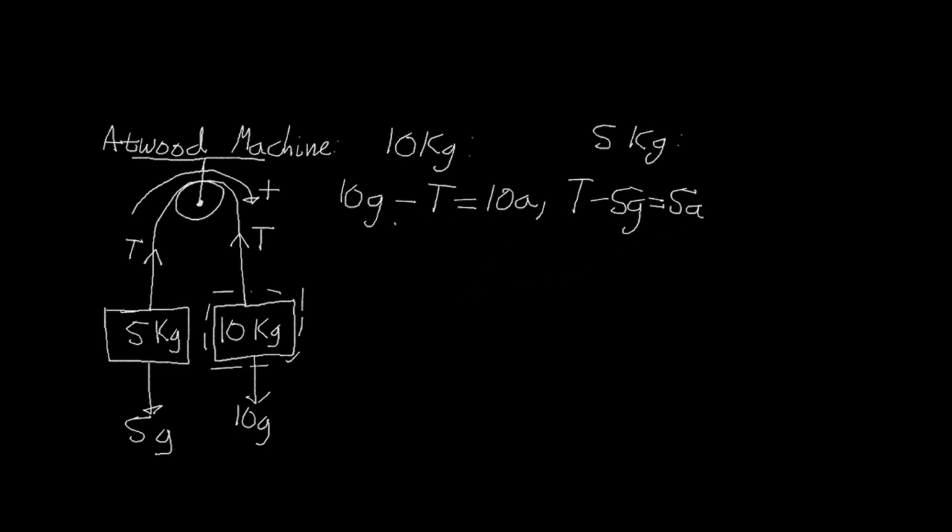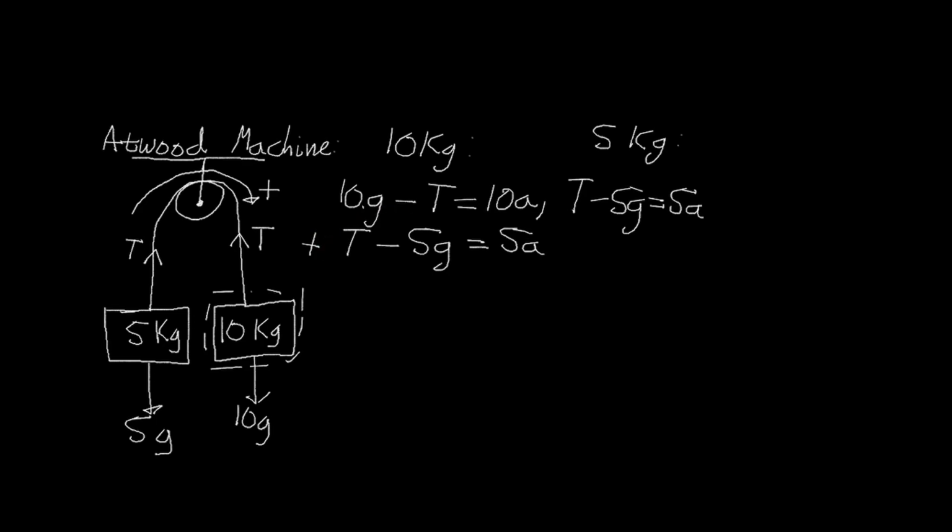And now we have two equations with two variables, so that means we can solve. So we'll bring T minus 5g is equal to 5a. So we want the T's to cancel so we can solve for a, the acceleration. So the way we do that is if they're opposite signs you plus, and if they're the same signs you minus. So they're opposite here, so you just plus.